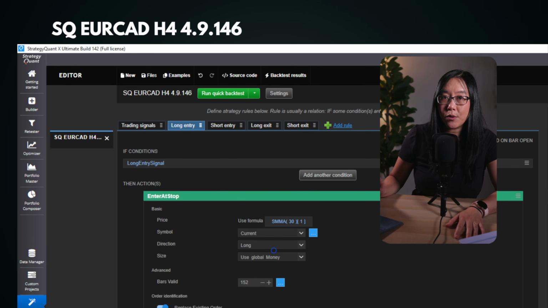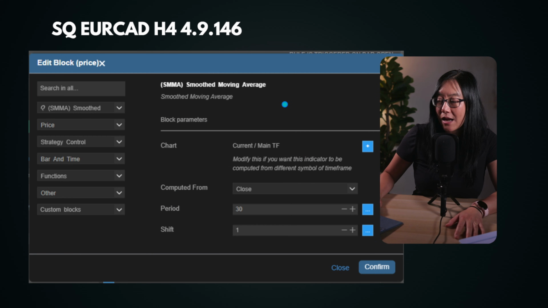Here is the example from before using a stop order, and here it is using a simple indicator. So the price is going to be placed at the moving average value of 30. And the moving average value is calculated based on the close price. That's an example of a stop order where the price is placed at an indicator level.